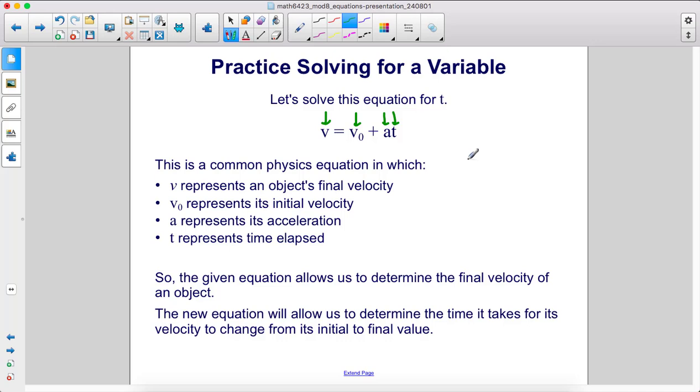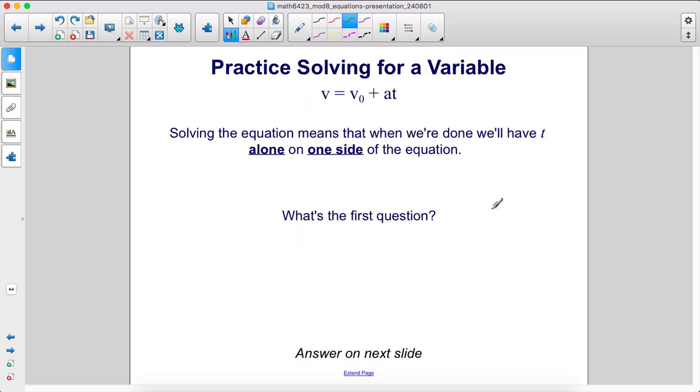So the given equation allows us to determine the final velocity of an object. The new equation will allow us to determine the amount of time it takes for its velocity to change from its initial to its final value. Solving the equation means that when we're done, we'll have t alone on one side of the equation.